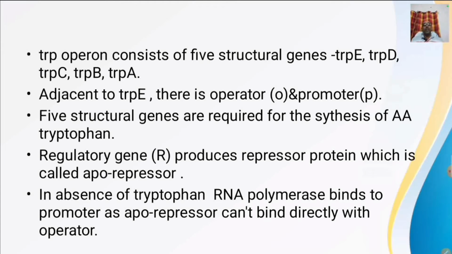So the regulator gene, which is denoted by capital R in our diagram, produces a repressor protein. That is very well known to you. Here the repressor protein is called aporepressor.